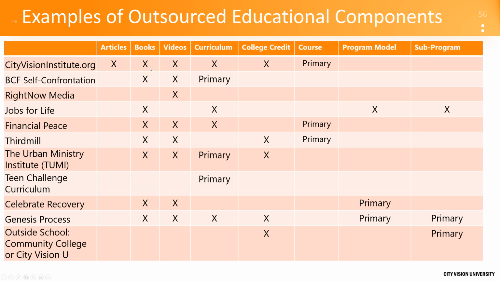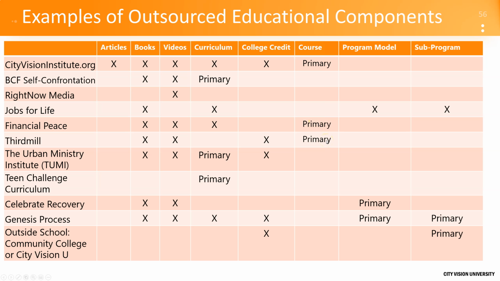Same thing with the books. You could unbundle that. I've seen a lot of rescue missions that just started using our books or ministries. Same thing with the videos. And then for each of these, right now media is just videos, whereas Job for Life is books and curriculum and a program model. Financial Peace is primarily a course that you could outsource.